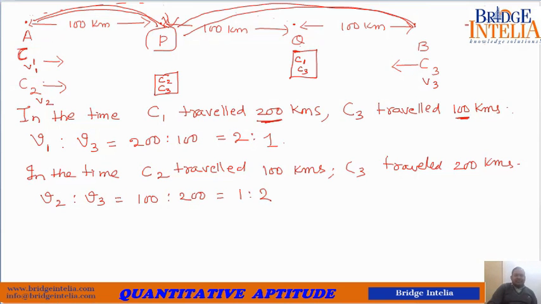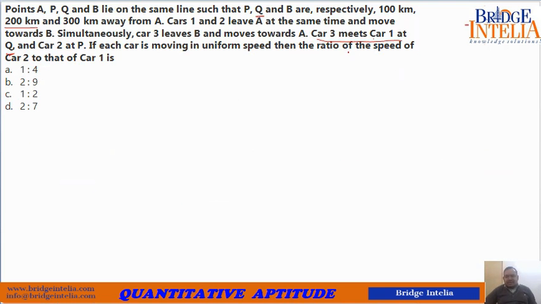What is the question? The question is to find the ratio of speed of car 2, the second car, to car first. That means you have to find V2 upon V1. What do we know?